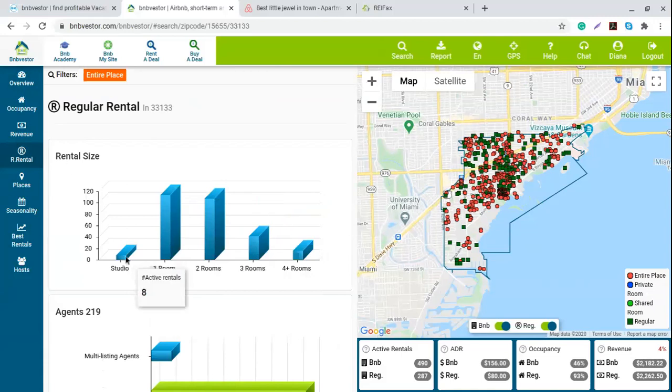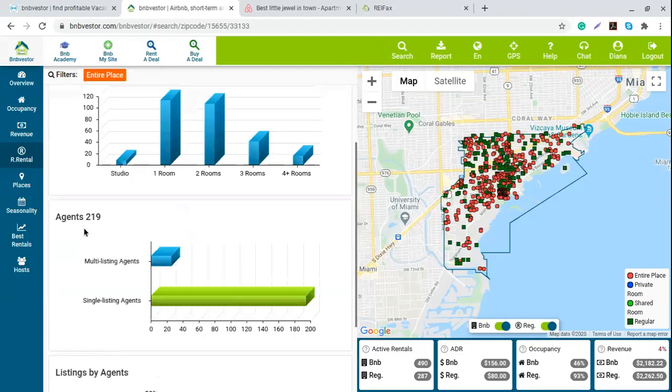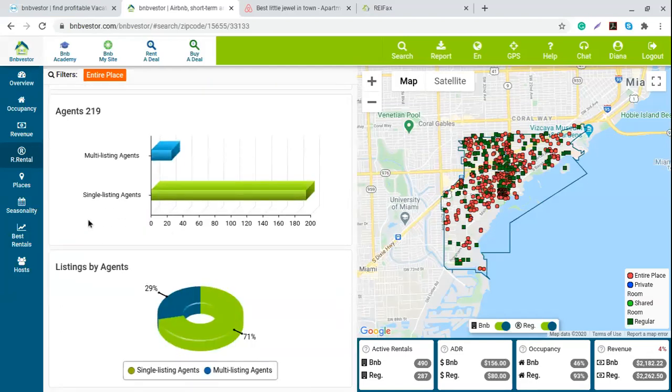So the number of rentals by size: studios, 1 room, 2 rooms, 3 rooms, and 4 or more rooms, okay? How many agents, and what type of agents as well. Single listing agents and multi-listing agents.